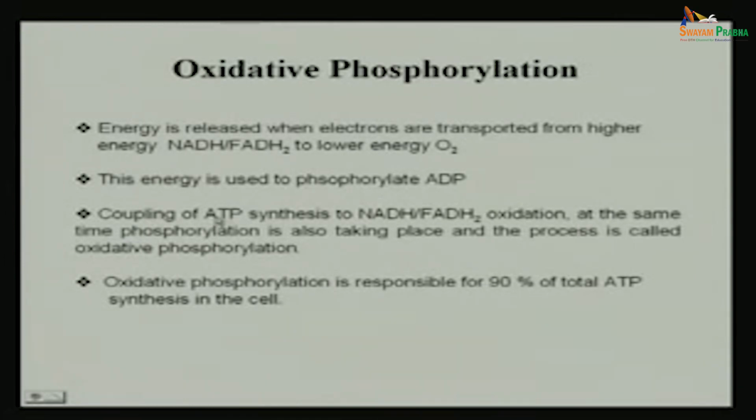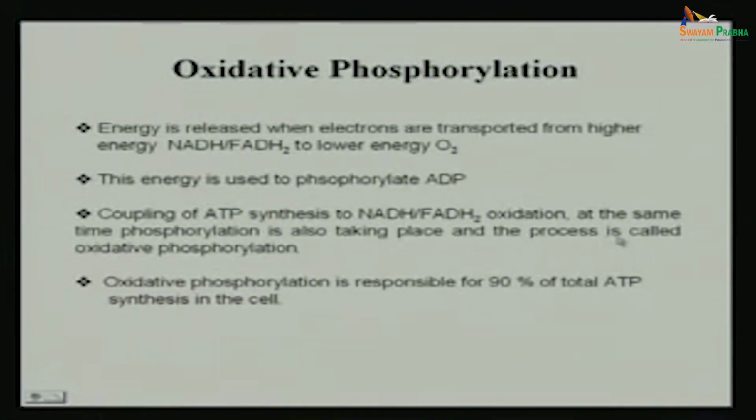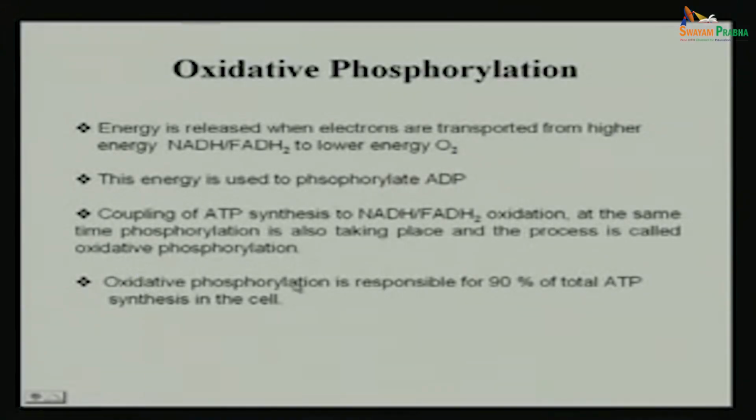Coupling of ATP synthesis to NADH or FADH2 oxidation, with phosphorylation taking place at the same time, is called the oxidative phosphorylation process. Oxidative phosphorylation is responsible for 90% of the total synthesis of ATP in the cell.